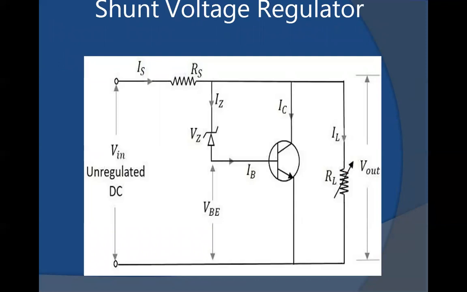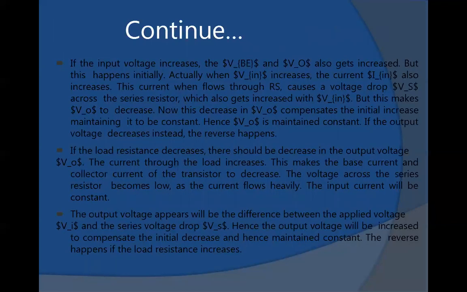This is the shunt voltage regulator, which is connected in the transistor configuration. If the input voltage increases, the voltage at the base and emitter also increases, but this happens initially. When the input voltage increases, the input current also increases.